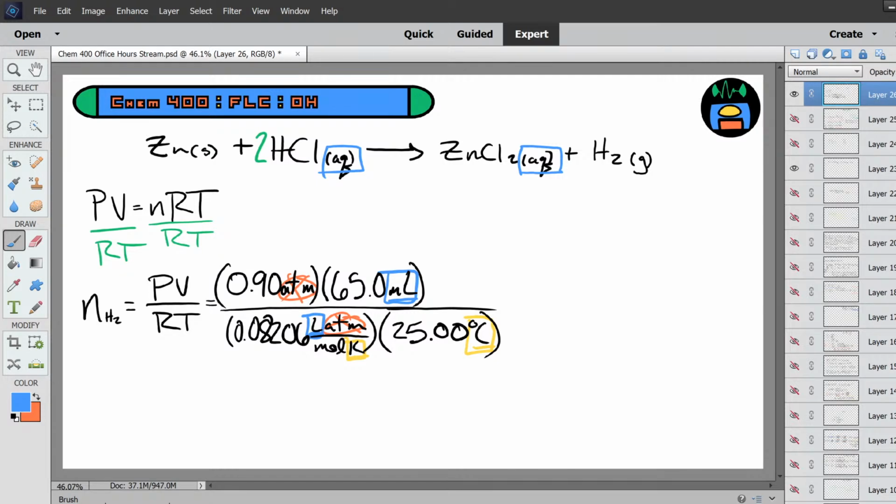So there is a vapor pressure of water that you have to take into consideration every time you have a gas being formed in the presence of something in the aqueous phase. So even if water is not a product of the reaction, if you have aqueous media, you've got to account for the vapor pressure of water.